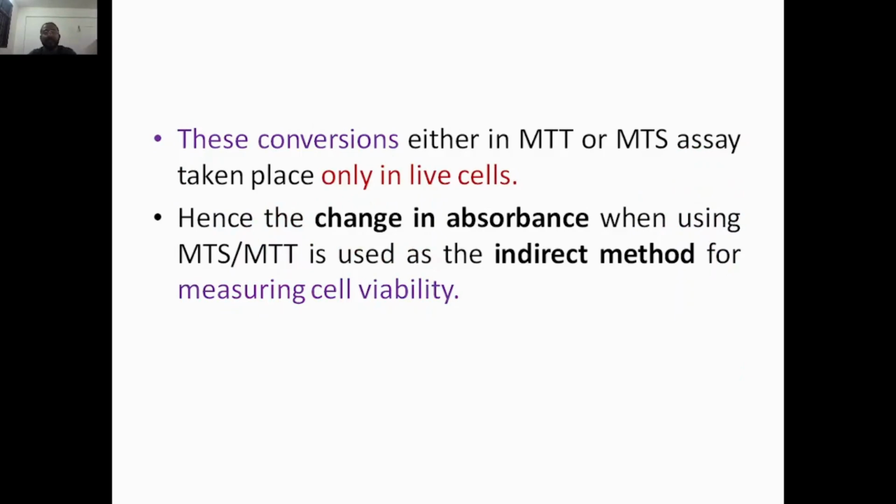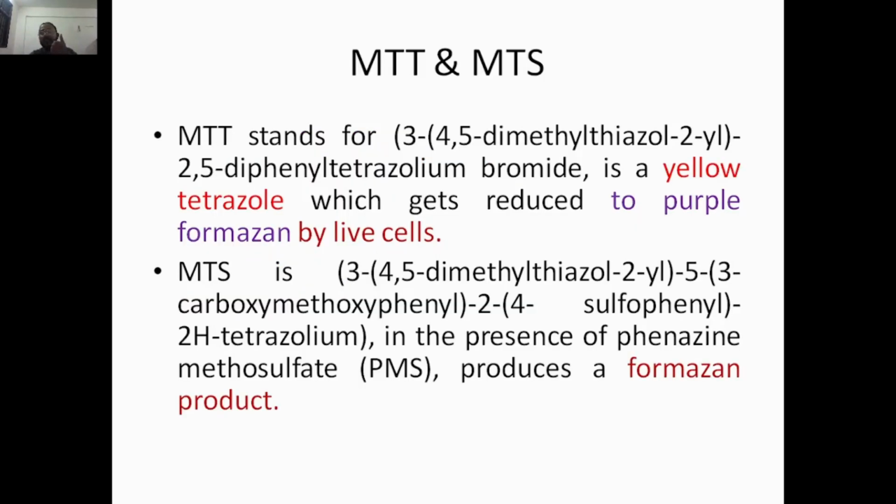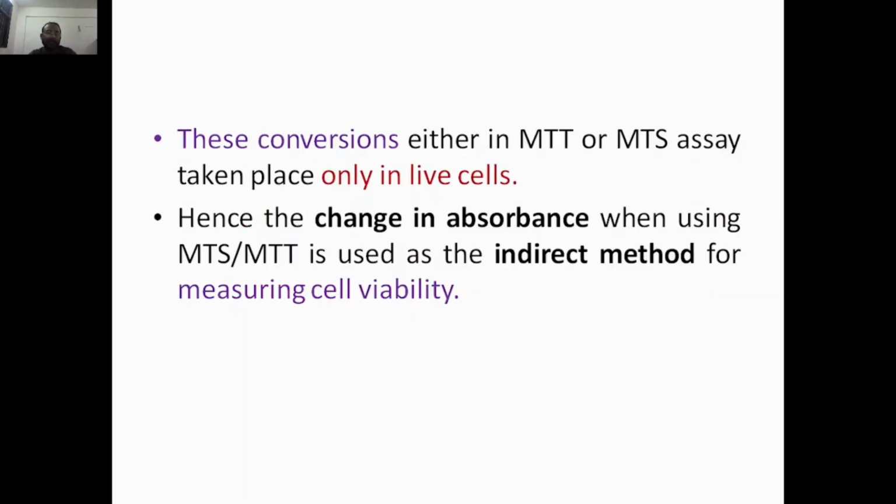These conversions in either the MTT or MTS assay take place only in living cells, and dead cells cannot produce it. Hence the change in absorbance when using MTS and MTT is used as an indirect method for measuring cell viability.